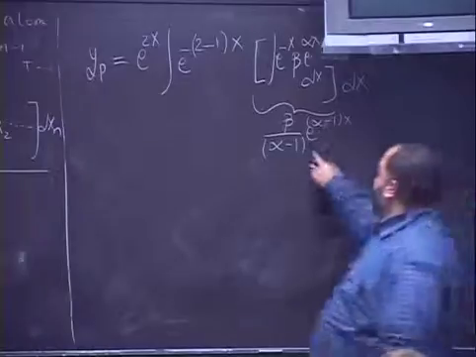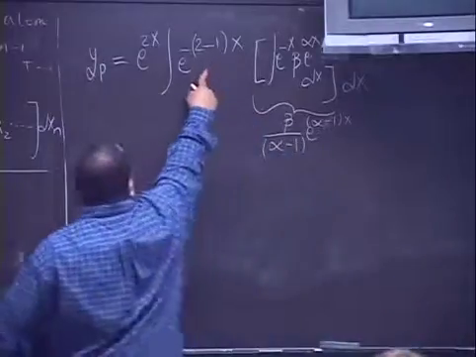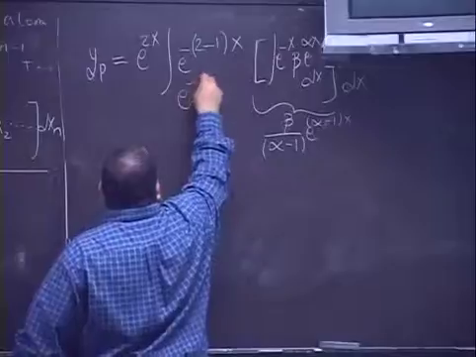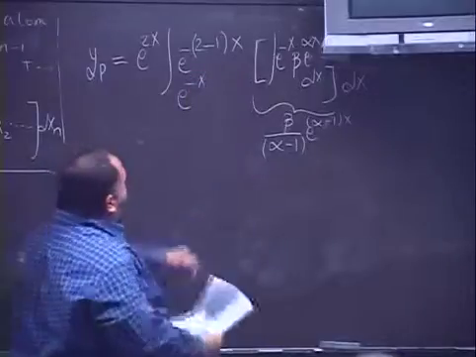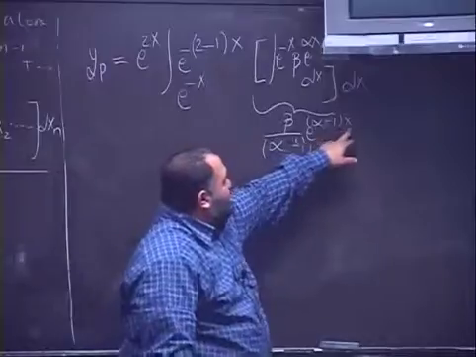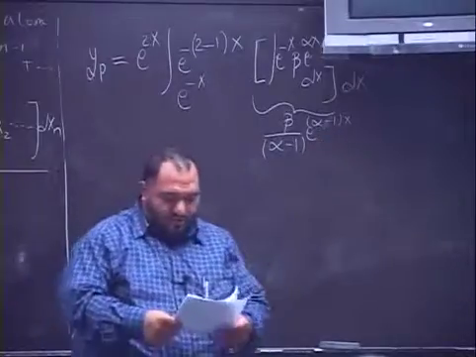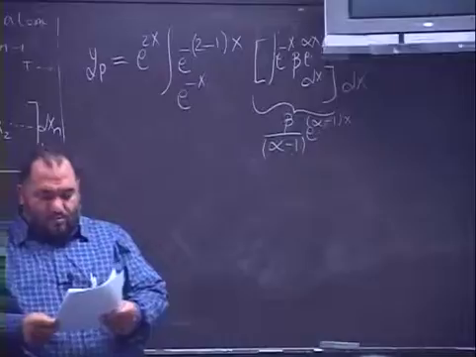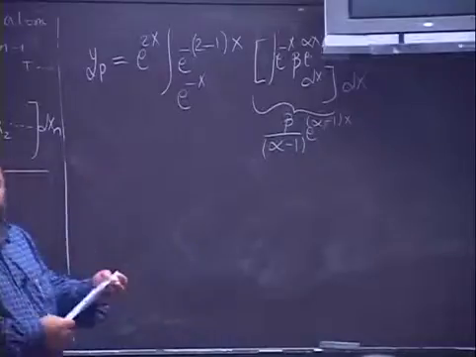Okay, when you have this and you multiply by e to the power of minus x, and here you have e to the power of minus x, so it will be e to the power of alpha minus 2 x.